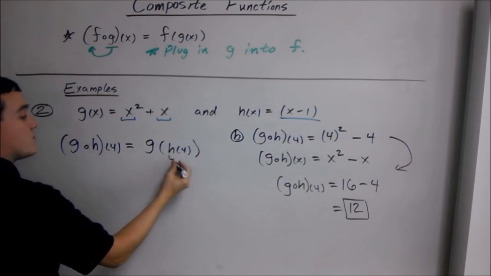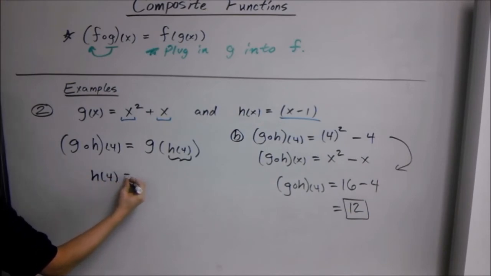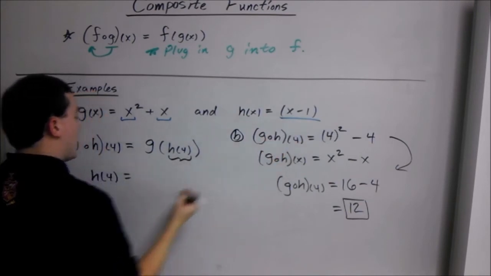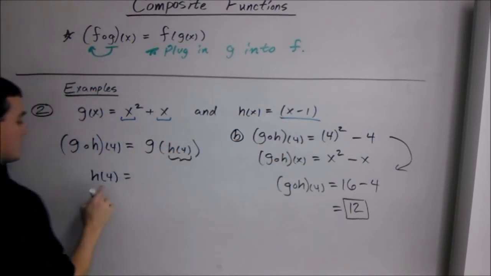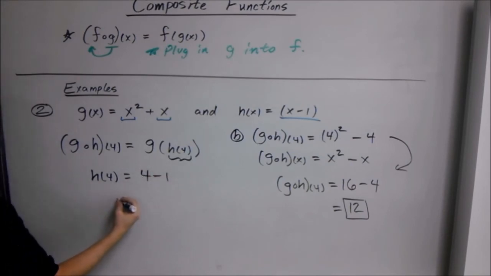We could find h of 4 first. H of 4 is just using this, 4 minus 1. All you do is replace the x with 4. Right? So we have 4 minus 1. So h of 4 is 3.